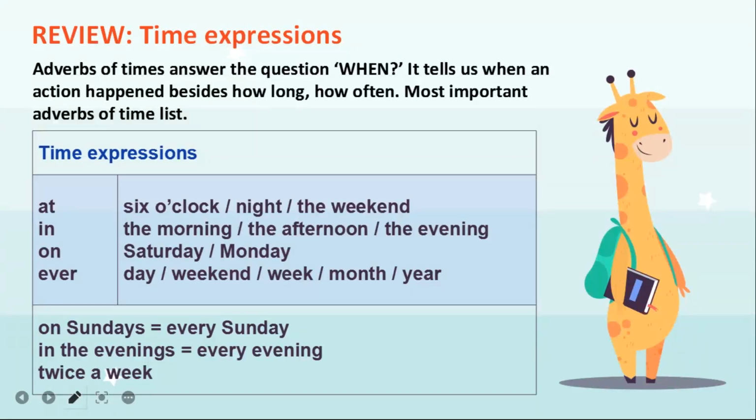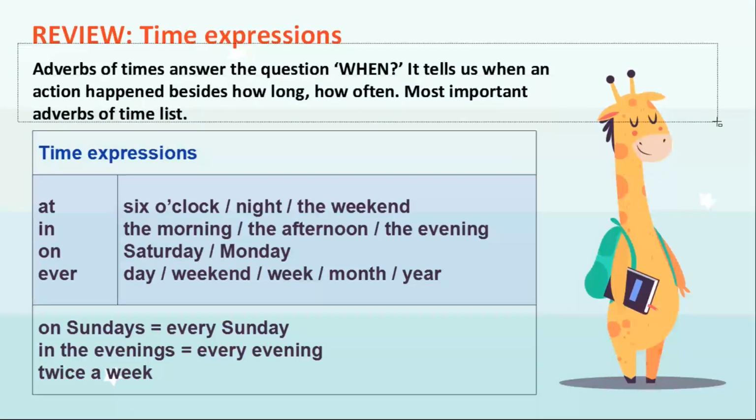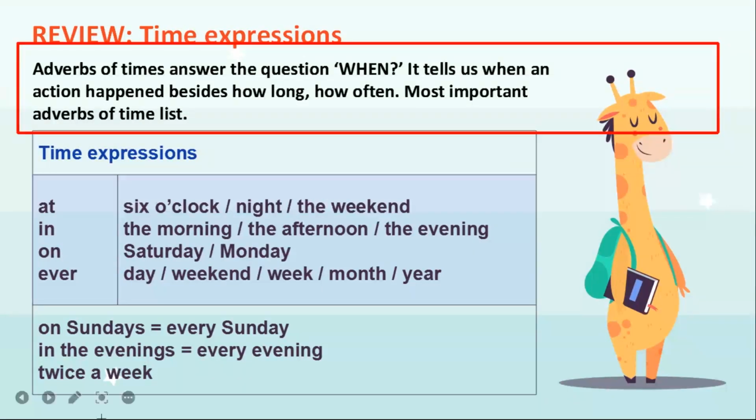Okay, can you please read this one? Adverbs. Words of time answer the question when; it tells us when an action happened. Besides how long, how often, the most important words of time.